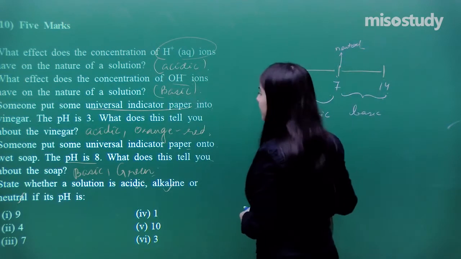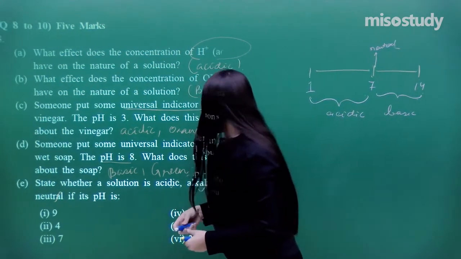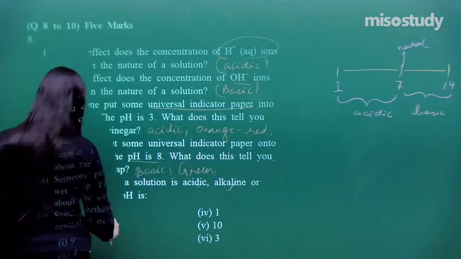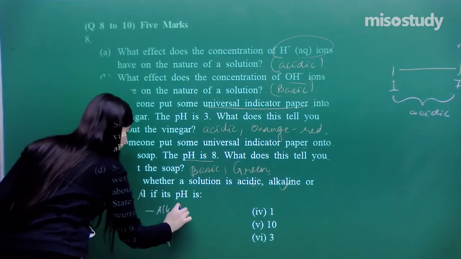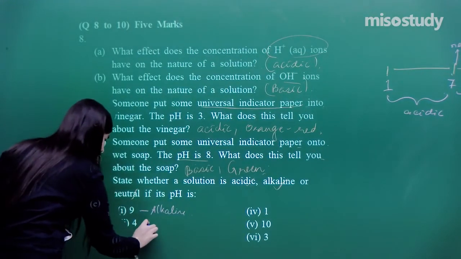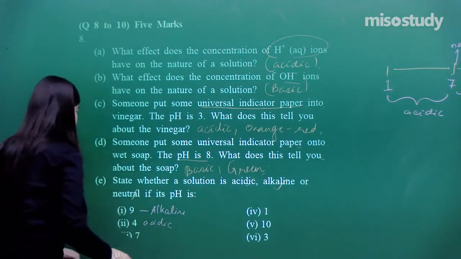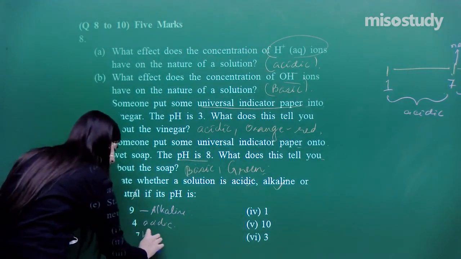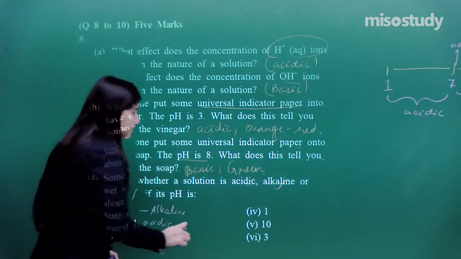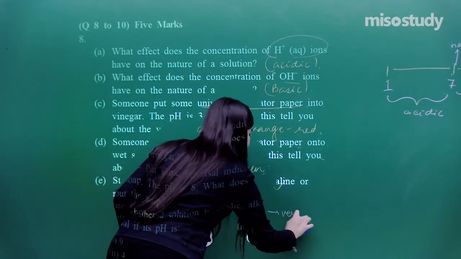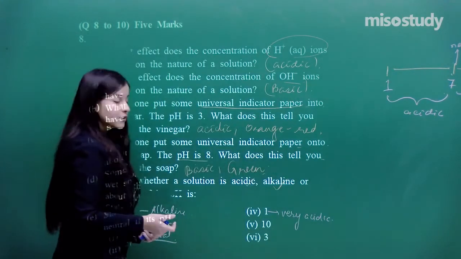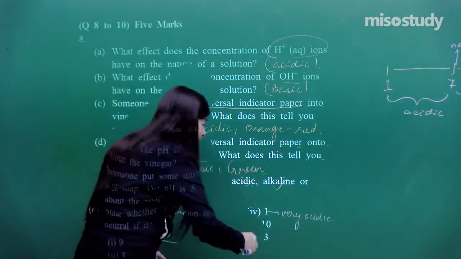Now, state whether a solution is acidic, alkaline or neutral. This is alkaline. Now this one, 4, acidic. 7, neutral, yes it is neutral. 1, very acidic, almost the starting value. 10, very basic.